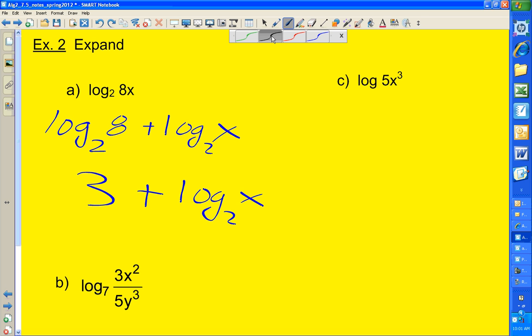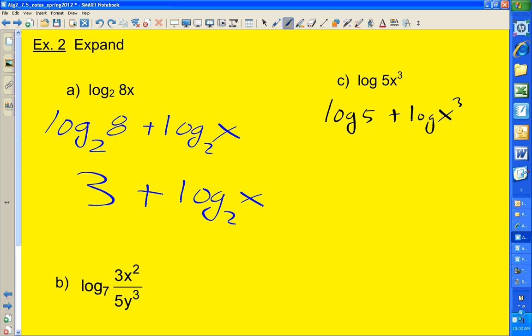you got to be careful. Some of you are going to say, oh, we got to do the power property first. You can't. The power property, doing it first, could only be if the 5x was in parentheses. It's not. So you have to do the product property first, common log of 5 plus the common log of x cubed. And the reason why you have to do that is because the cubed is only on the x, not on the 5.